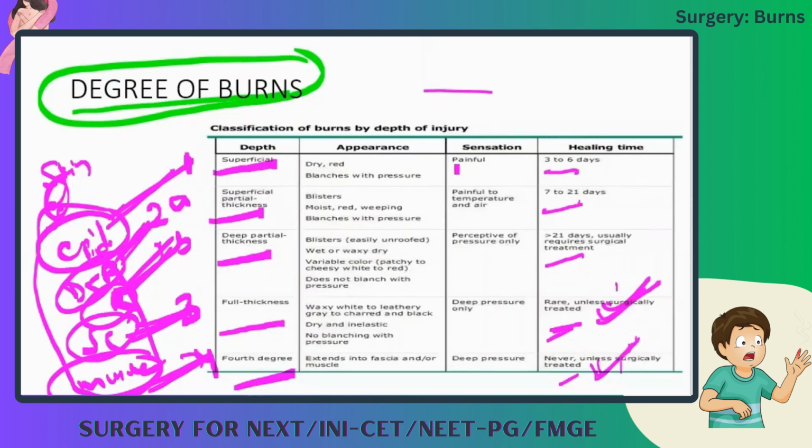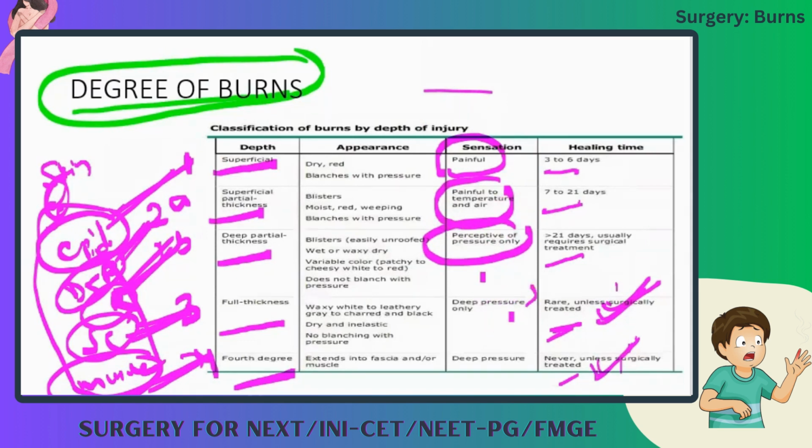So see here, the sensations are there. The superficial burns are painful, and painful to temperature and air. Afterwards, once you go into deeper burns, there will be only pressure and pinprick sensation, because the nerve endings are damaged.